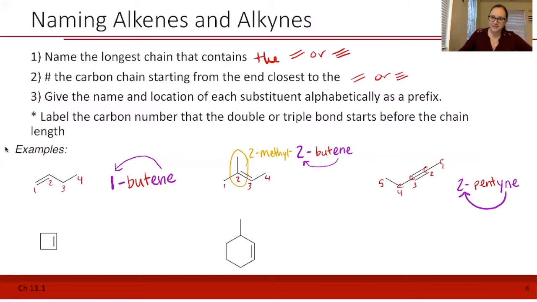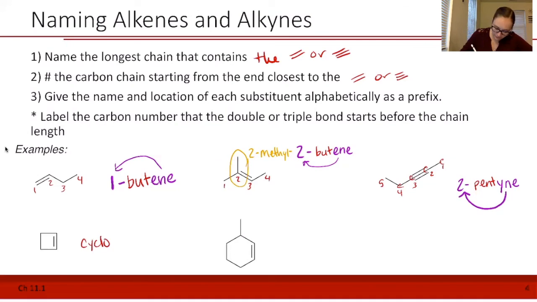Okay, let's do another example. This one is a cycloalkene. So we need to think about our numbering for cycloalkenes, how we learned it, and apply that to our alkenes. So in this case, we don't have any substituents, so we don't really need to number anything. So we're going to keep our prefix of cyclo, put our number of carbons.